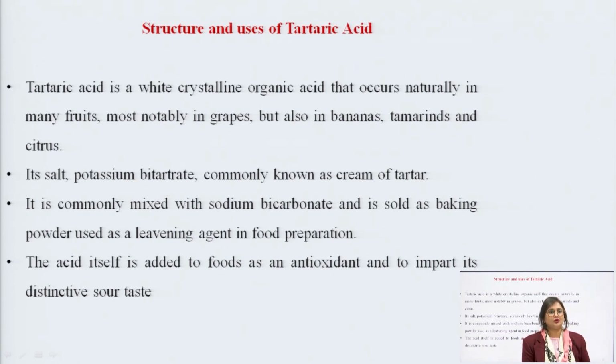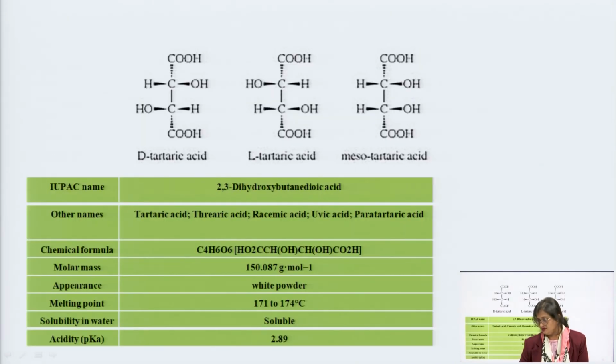It is mixed with sodium bicarbonate and sold as baking powder, or used as a leavening agent in food preparation. The acid itself is added to food as an antioxidant and to impart its distinctive sour taste.